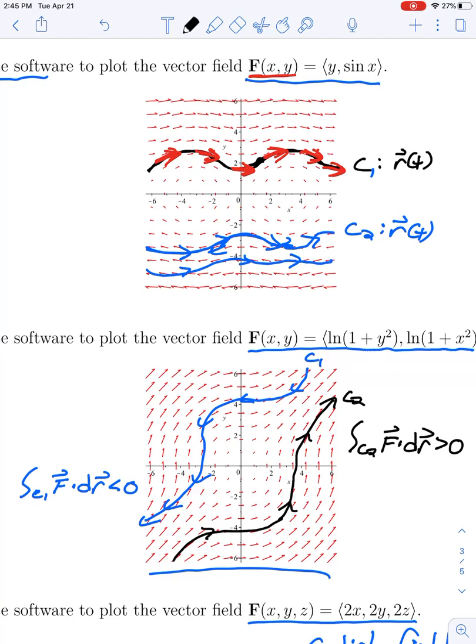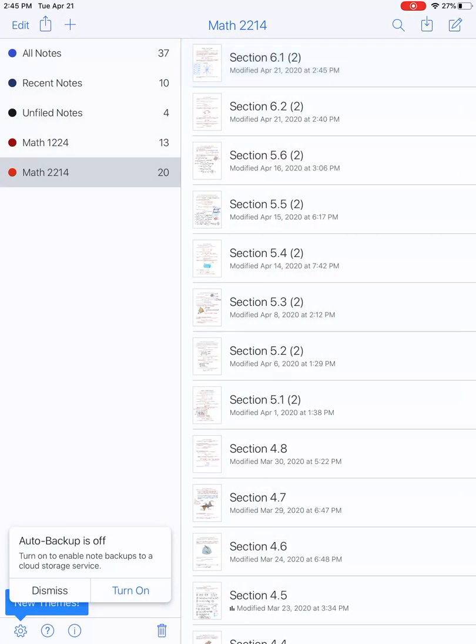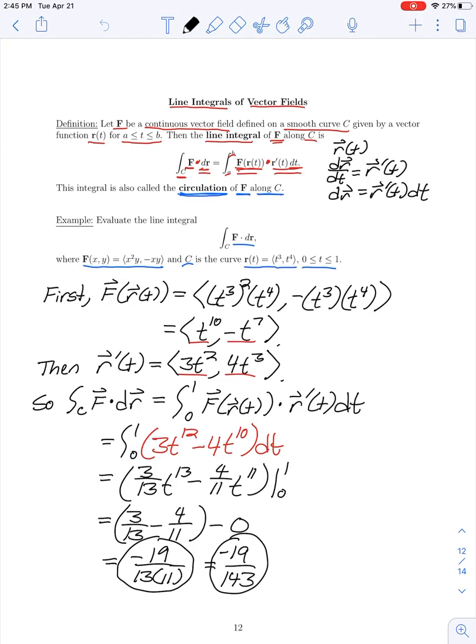All right. So here's a sort of a physical interpretation of this line integral of a vector field, if we think about plotting our vector field and our curve as describing the motion of some object through that field.